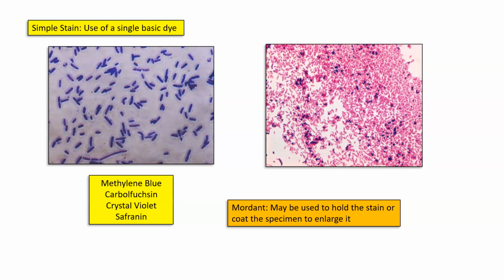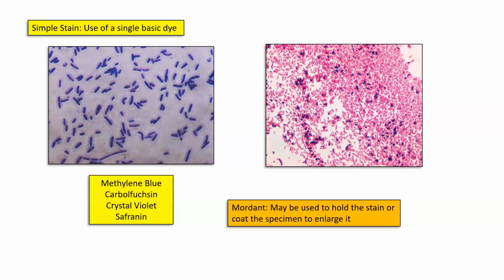Some of the simple stains you will see and use in lab in this class are methylene blue, carbolfuchsin, crystal violet, and safranin. The methylene blue and safranin are both going to be discussed further in this lecture. When we talk about the gram stain, we'll go through a lot of gram staining techniques in the lab.